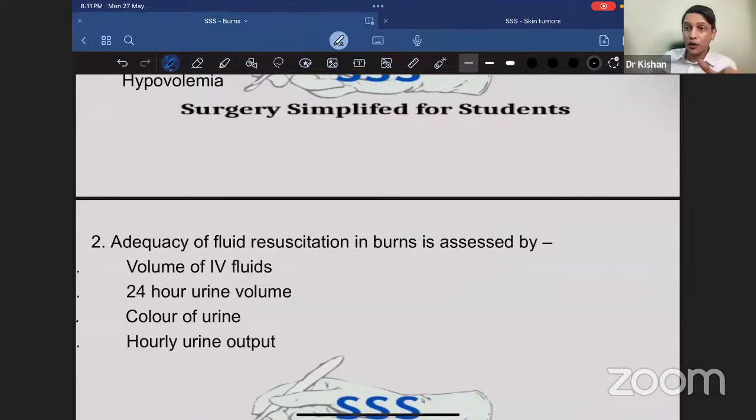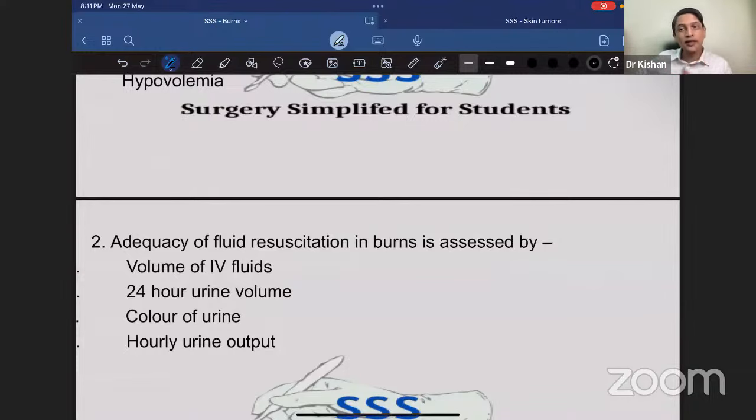This question shows the importance of knowing the answer completely, not just superficially. If you just knew urine output, you would get confused between options 2 and 4.